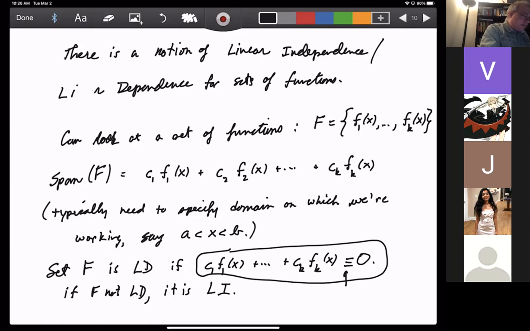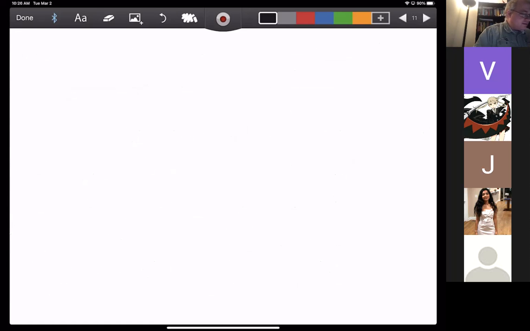So let's actually copy this basic equation over. And I'm not going to bother writing the identically equal symbol. I'll just use the equal symbol. So that's one equation.